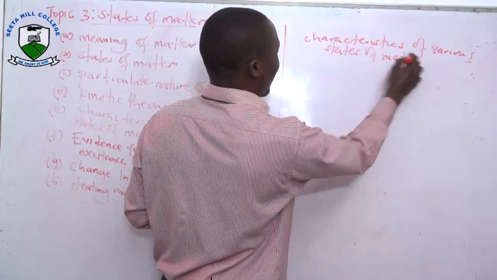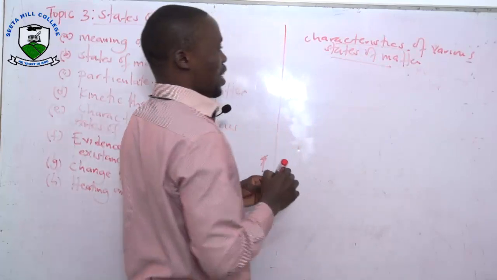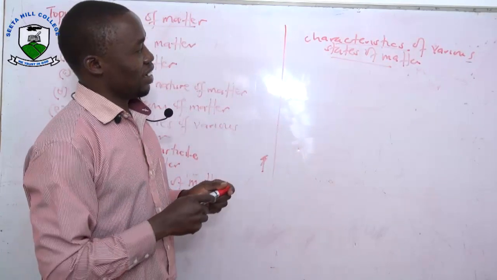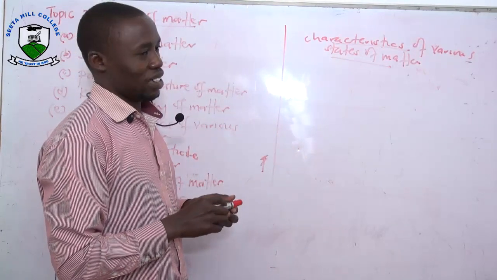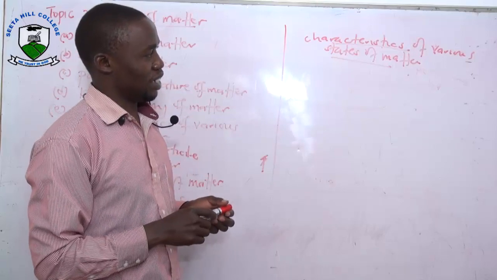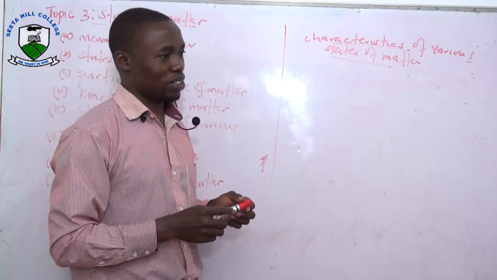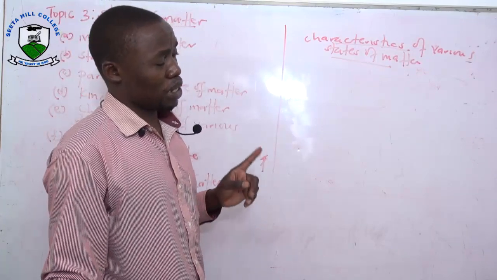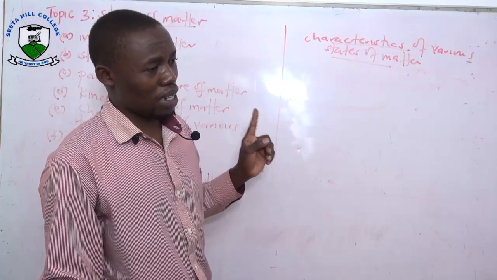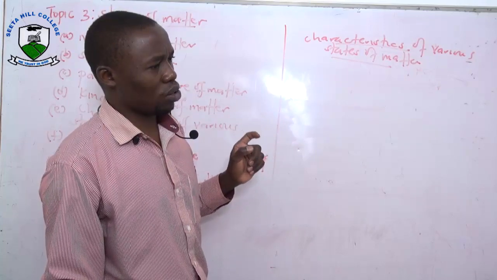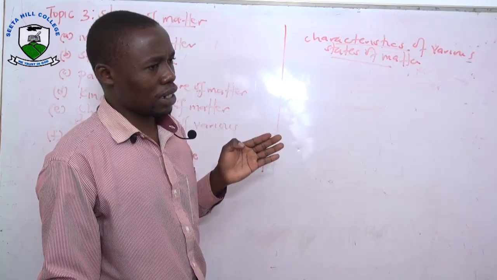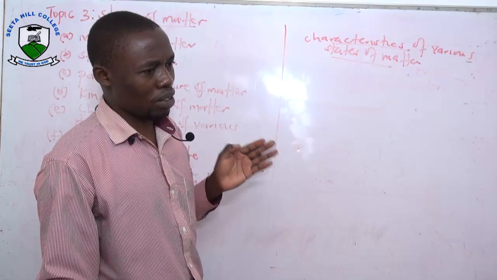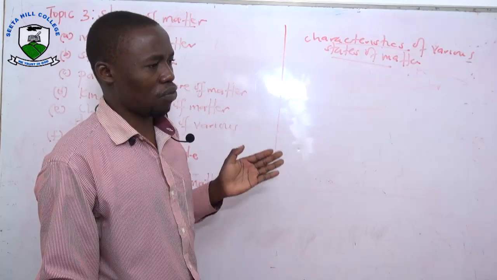Now we want to see how a solid is different from a liquid, different from a gas. We would speak less on the plasma state because its characteristics are quite different from these other three forms of matter.